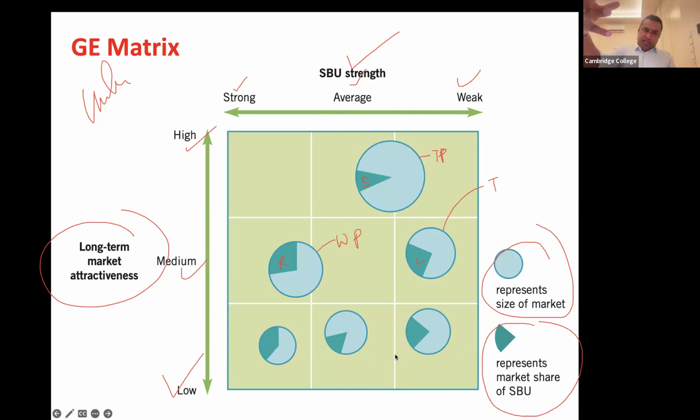Based on the SBU strength, long-term attractiveness, size of market, share within that. So the GE matrix can show many things more than the BCG matrix. Now, in some cases, students use both the GE matrix as well as the BCG matrix.